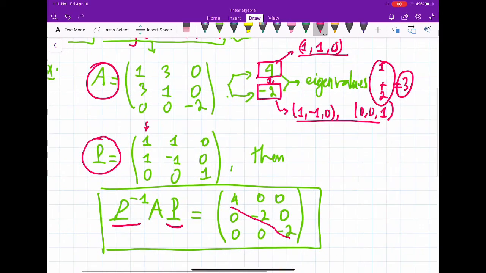So you have to keep 4 in the first position. Make sense? The second column is the eigenvectors of negative 2, so you keep negative 2 in the second position, and the same thing for the last column, in case you have 3 different eigenvalues. Agree? So we say P diagonalizes the matrix A.